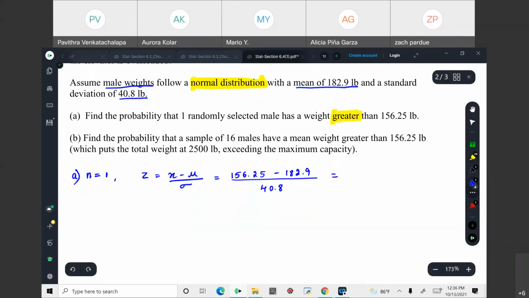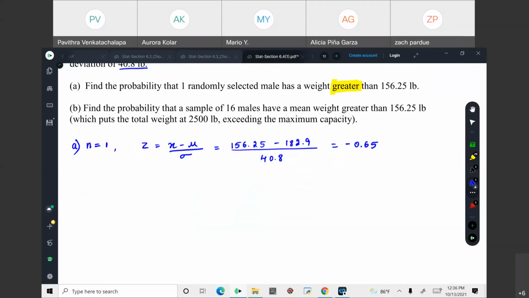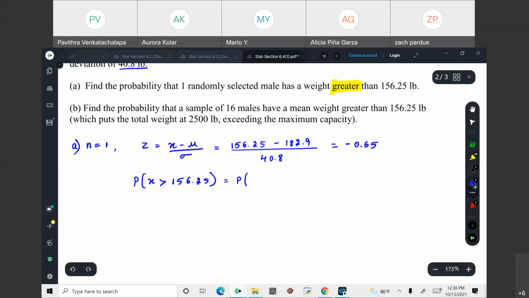Okay. So this value is around minus 0.65. Now this is not what we want. We need the probability of x greater than 156.25. Now we do not have x tables or x scores to find the area, so we are converting that to a z-score. Now here the z will be greater than minus 0.65.